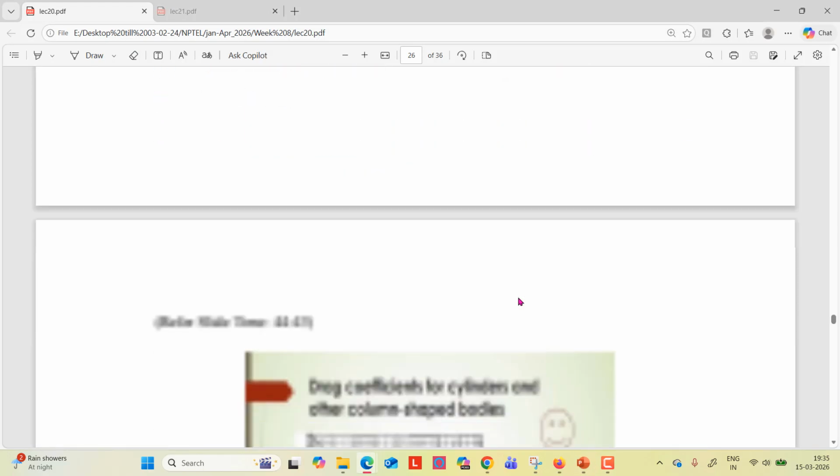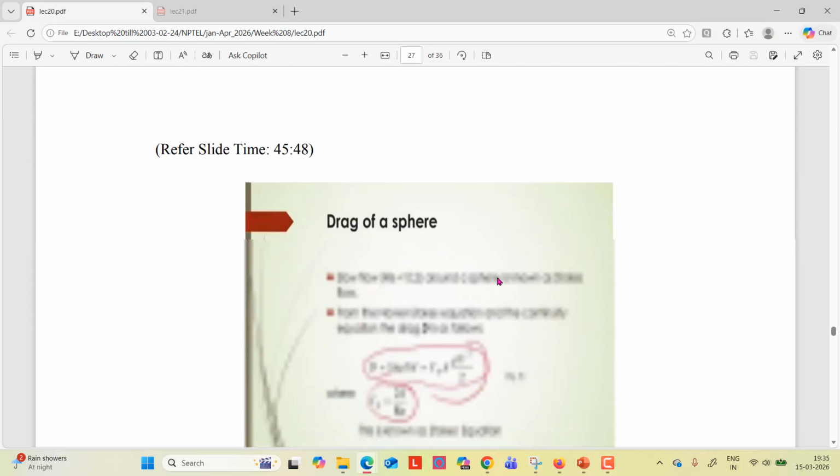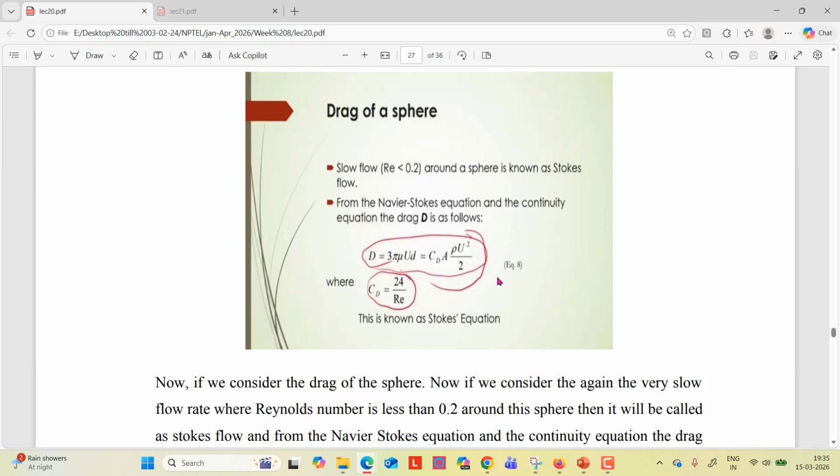Okay, so how do the drag coefficients for cylinders and other column-shaped bodies vary? You can see from this chart, and you have to use this chart for calculating the CD with respect to Re. Right? So we have earlier defined that in the Stokes equation, the drag coefficient for laminar flow is 24 by Re.